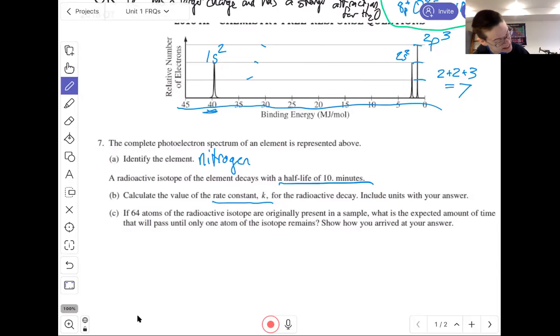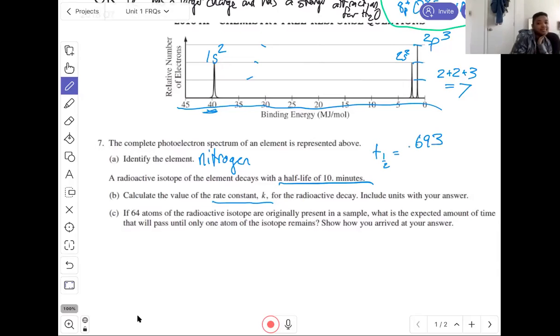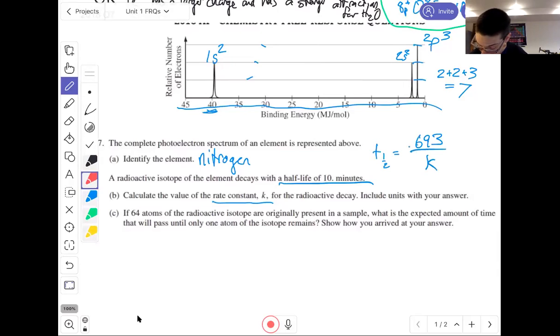It says t for time, and k equals rate constant. It's all labeled: this is half-life, and this is rate constant. They tell you those things.